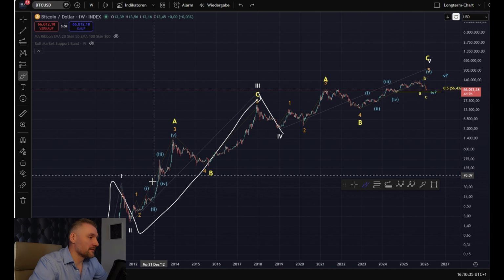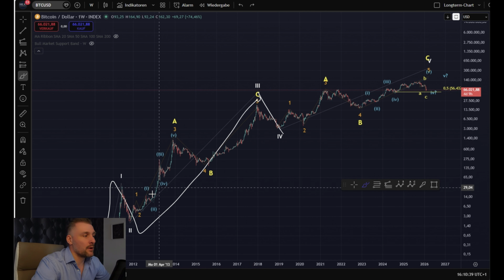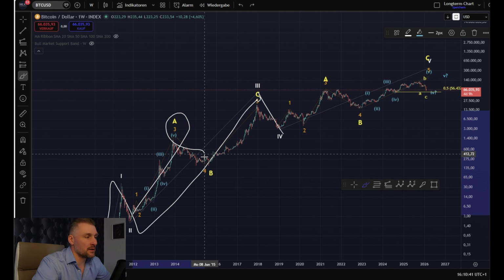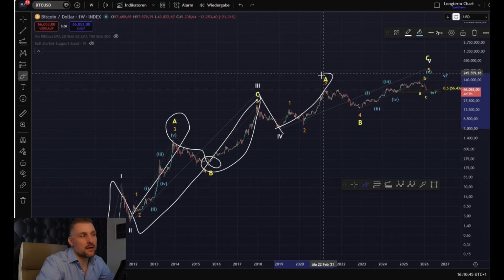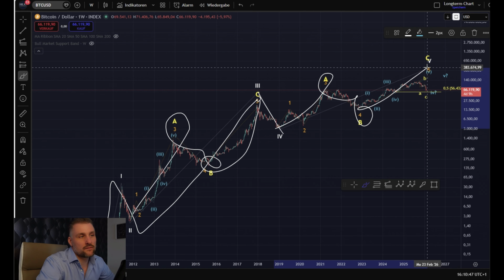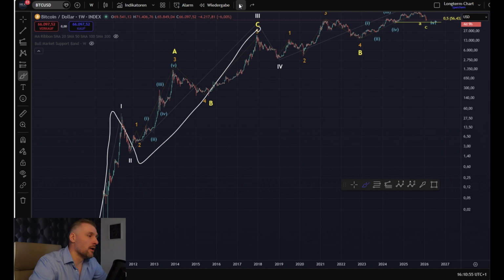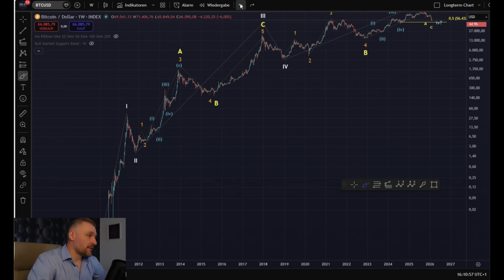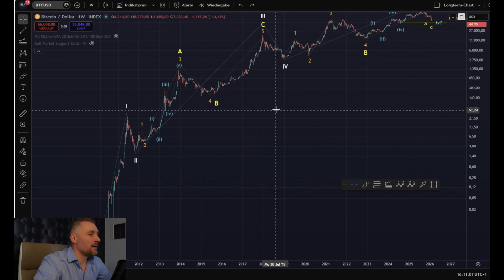In a 3-wave structure where the wave 1 and 3 were in 3 waves, we would have a 3-wave structure as well, but that doesn't change the view that we have completed here a bigger wave count, and we are coming down now in a wave 2, a bigger wave 2.